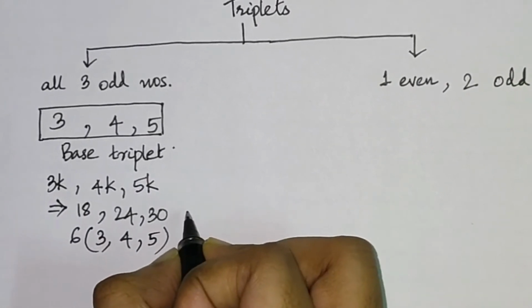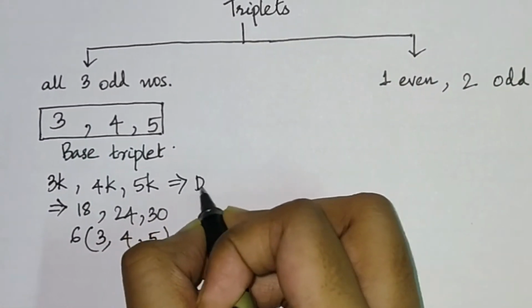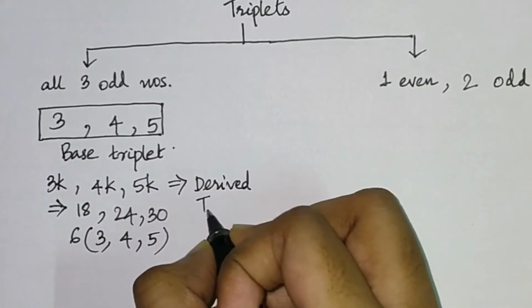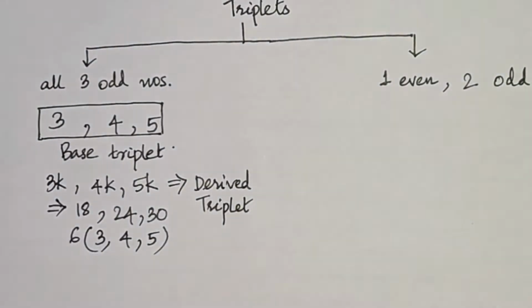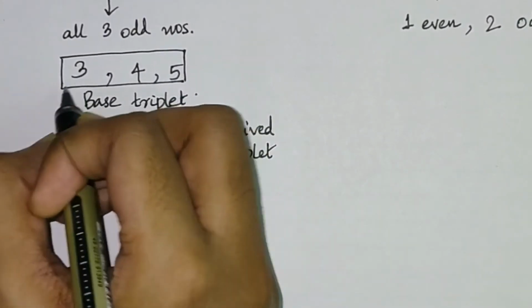So this one is called a derived triplet because it was derived from a base triplet.